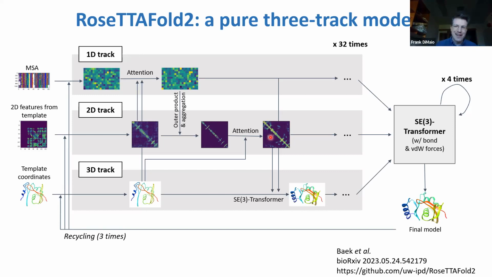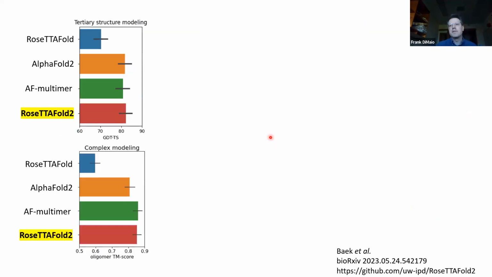We've been working on this subsequent to the publication of the original RoseTTAFold model, and now the performance seems to be in line with AlphaFold. This is on a set of very recently solved structures, around 400 structures that were solved in late 2022 and early 2023.